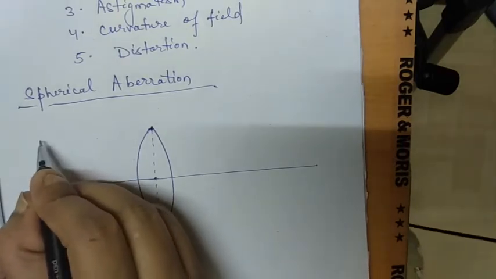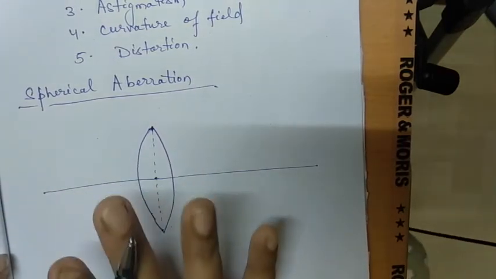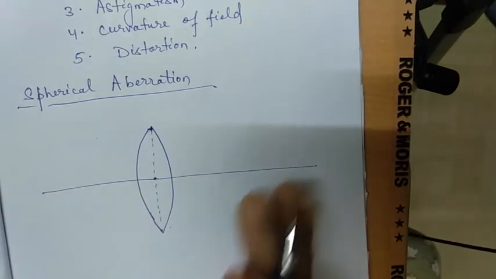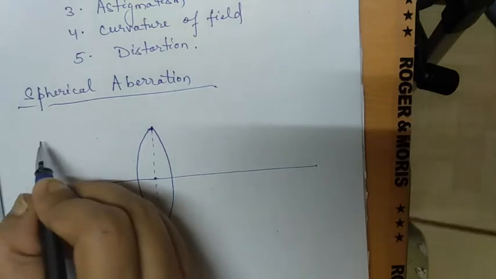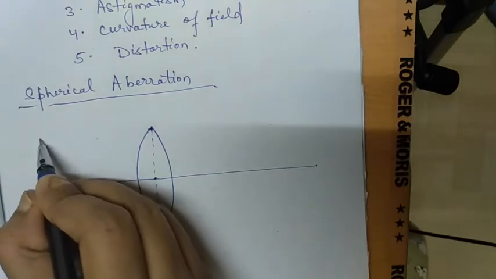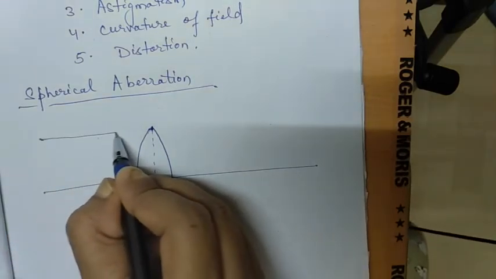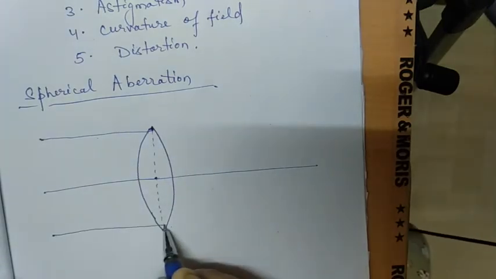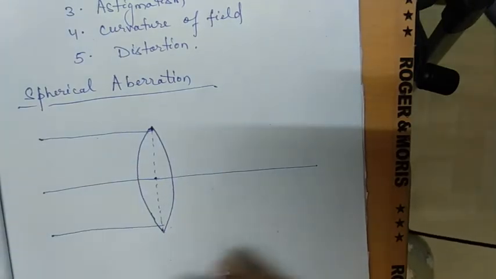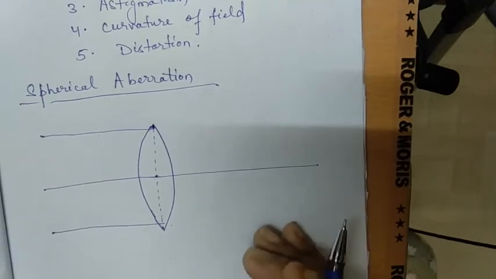I am drawing some rays, and I am considering a white incident beam of light parallel to the axis. That's why I am drawing these rays parallel to the axis. That means your object is at infinity.